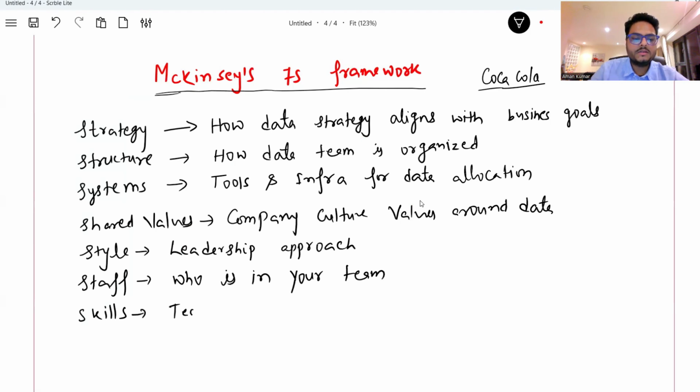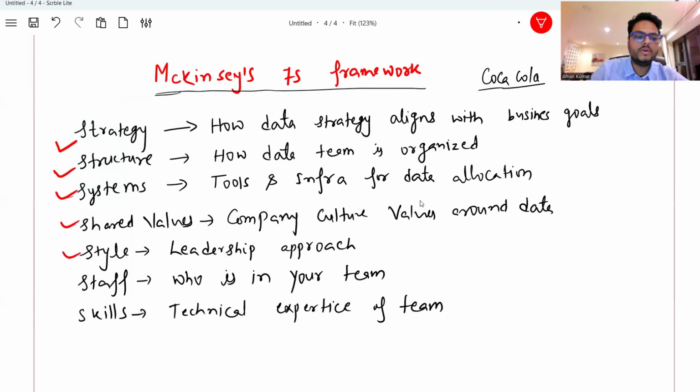And then skills, the technical expertise of the team. If you see here, I have listed the McKinsey 7S framework, right? 1 2 3 4 5 6 7. If you have these 7 things in your organization, or if you are trying to implement a project and you have these 7 things, it is highly likely that you will succeed.